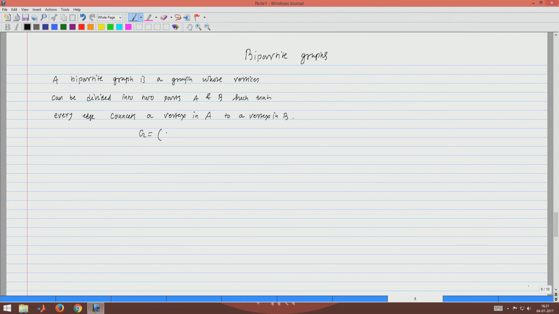G is A union B. So, A union B is the vertex set and it is in two parts, and E is the edge set.